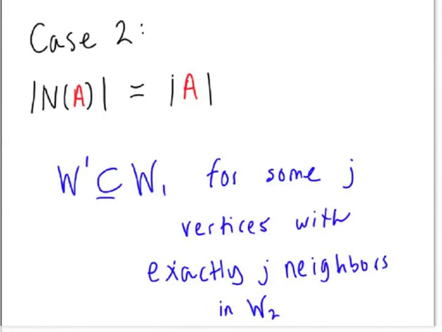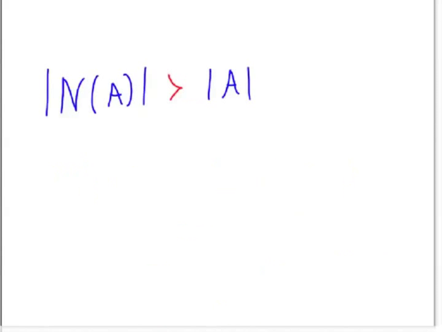The second case will help us prove the equality of Hall's condition, where for some subset W prime of the vertex set W1, for some j vertices within any arbitrary subset W prime, we have exactly j neighbors in W2.